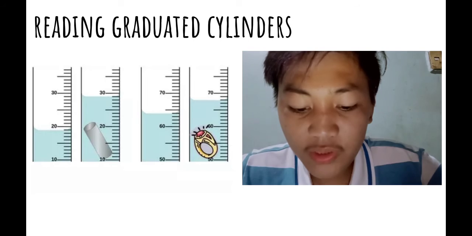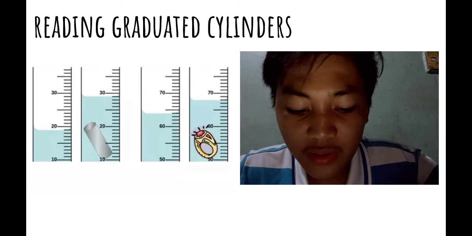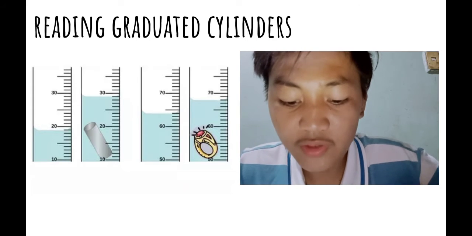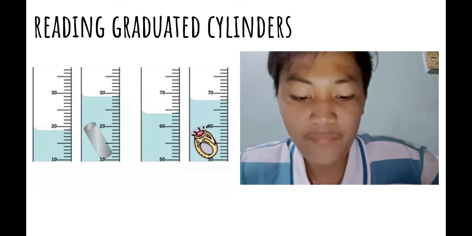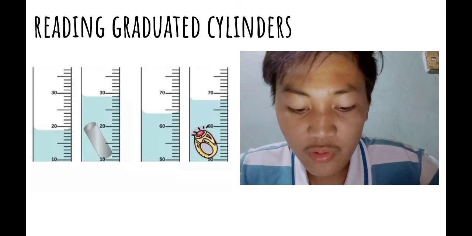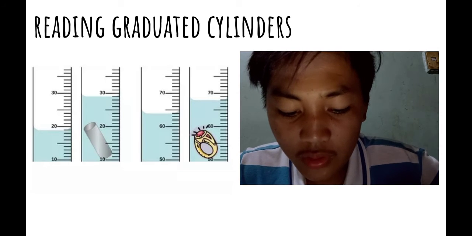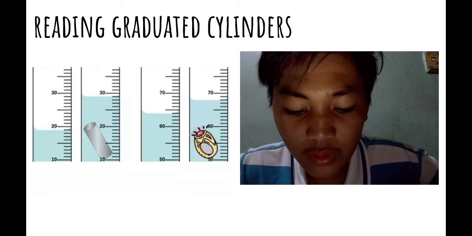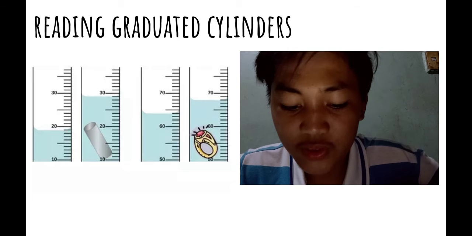Once the measurement interval has been determined and the meniscus evaluated, reading a graduated cylinder is a matter of attention to detail. Look straight and level at the center of the meniscus, with the number line below the meniscus, and read the incremental measurement up to the last mark below the meniscus.